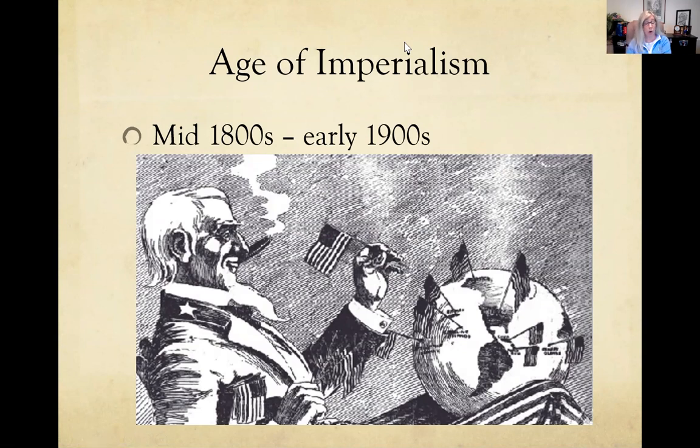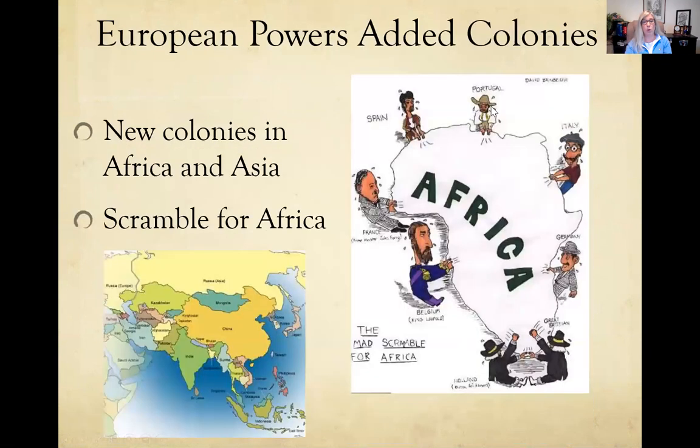Other countries in the world are also adding to their possessions. And I know in world history you studied the Scramble for Africa that we'll look at in a minute, but the United States really gets into this imperialistic approach later than many of the other European countries. So here you've got Uncle Sam, and he's planting the US flag in various places around the world.